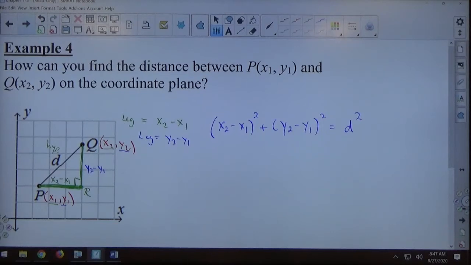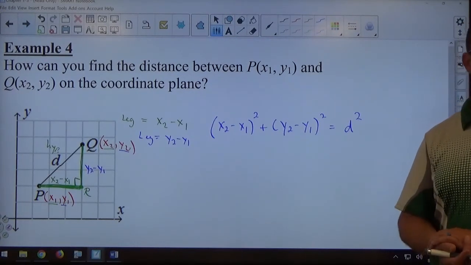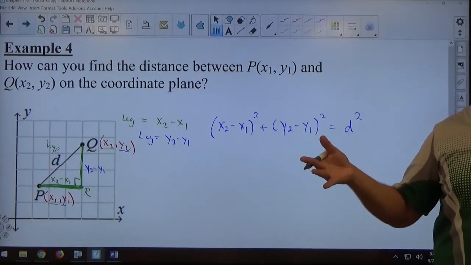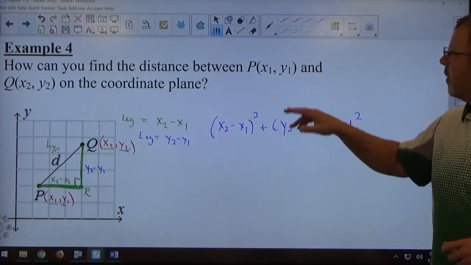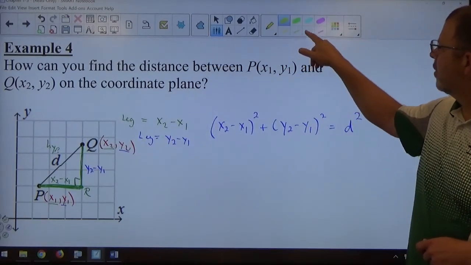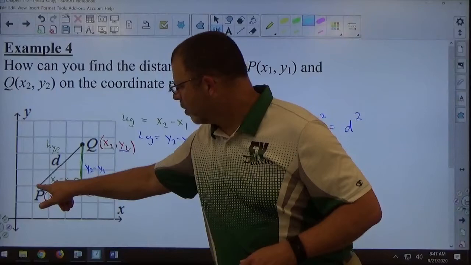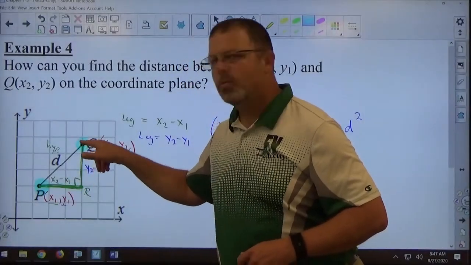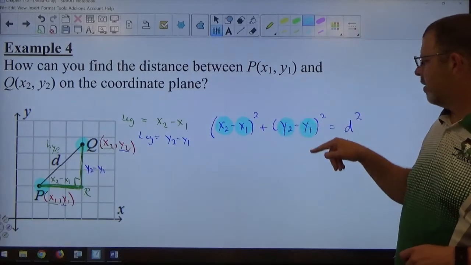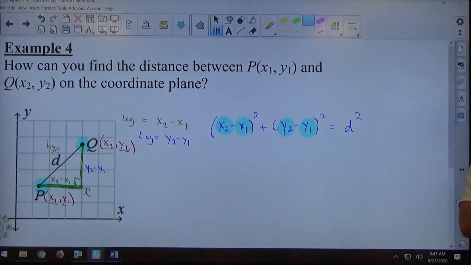Now I want you to imagine having actual coordinates, right? So P and Q, instead of giving you x sub 1 and y sub 1 and x sub 2 and y sub 2, they give you 3, 2 and 5, 7, right? They give you actual numbers. So typically, when we see a problem like this, where we're trying to figure out how far apart 2 points are, we're going to know the coordinates of P and the coordinates of Q, which means we're going to know this value, this value, this value, this value. What we won't know is what D equals, right?